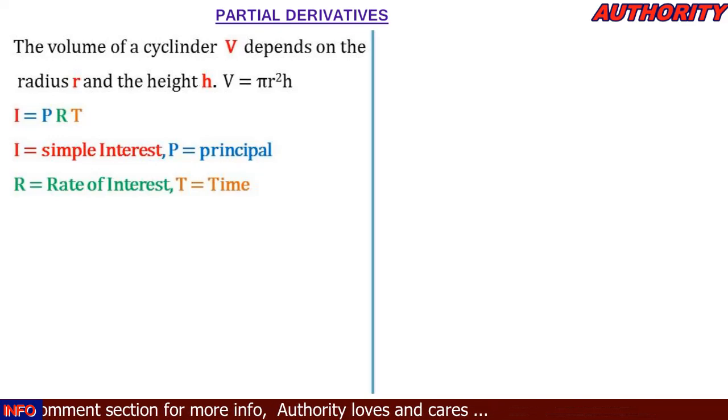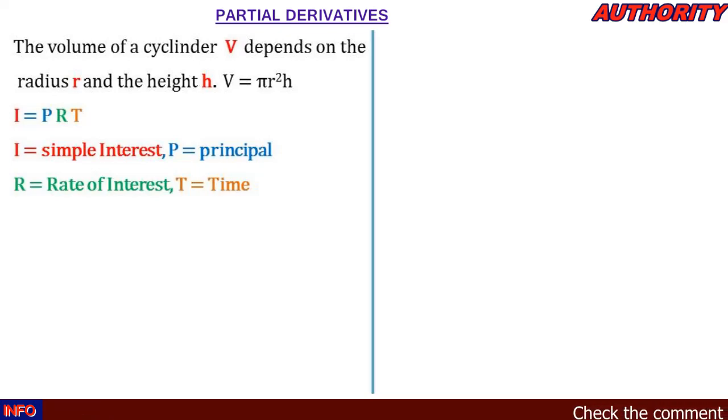So you discover that this simple interest solely depends on the principal, the rate of interest, and the time. So partial differentiation is talking about when there is a slight change in any of these variables and the rest of the variables are kept constant.